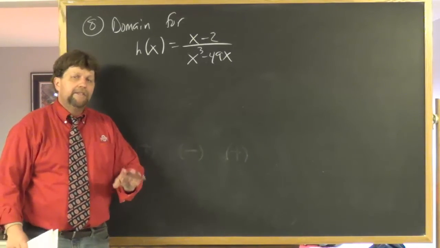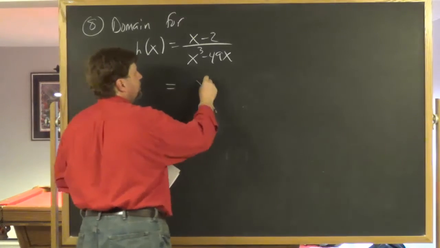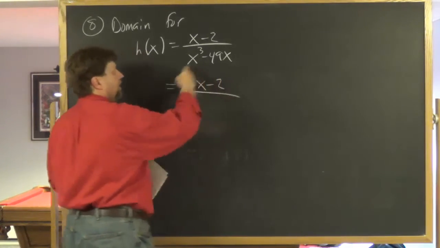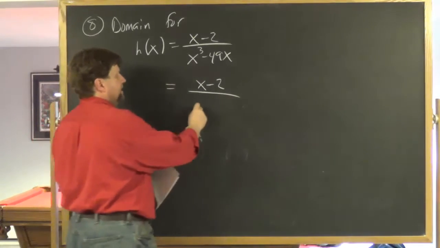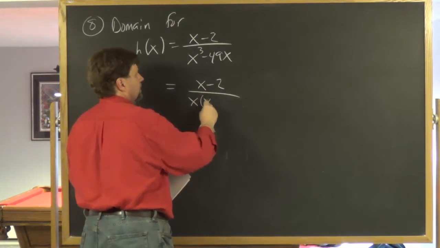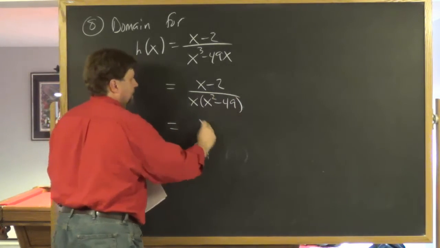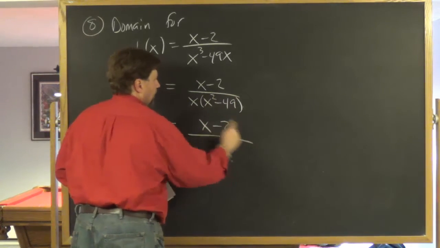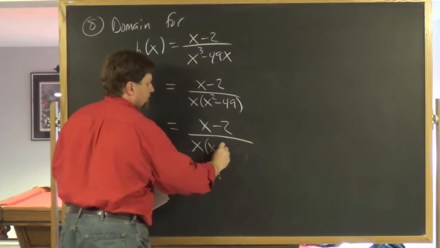You can't have 0 in a denominator. So how I would start this problem is I'd start off by trying to completely factor the denominator. Notice the first thing we can take out is an x. And then once we factor out that x, we can factor the x squared minus 49. That's a difference of two squares.